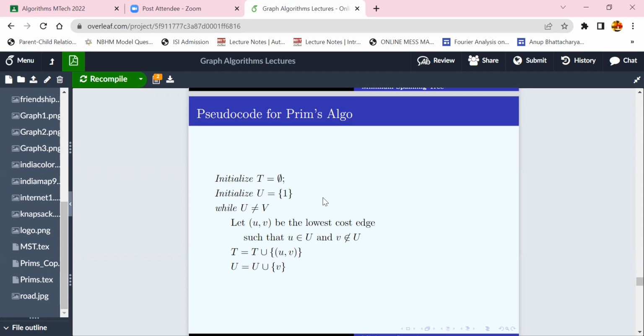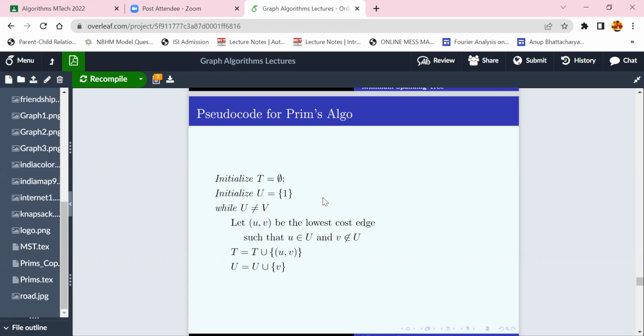Actually, when an edge has one endpoint in U and the other endpoint in the complement of U, adding that edge can never form a cycle.